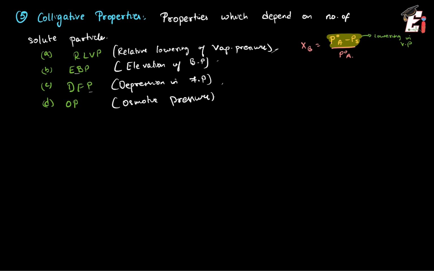So this whole formula is known as relative lowering in vapor pressure. This is the formula.